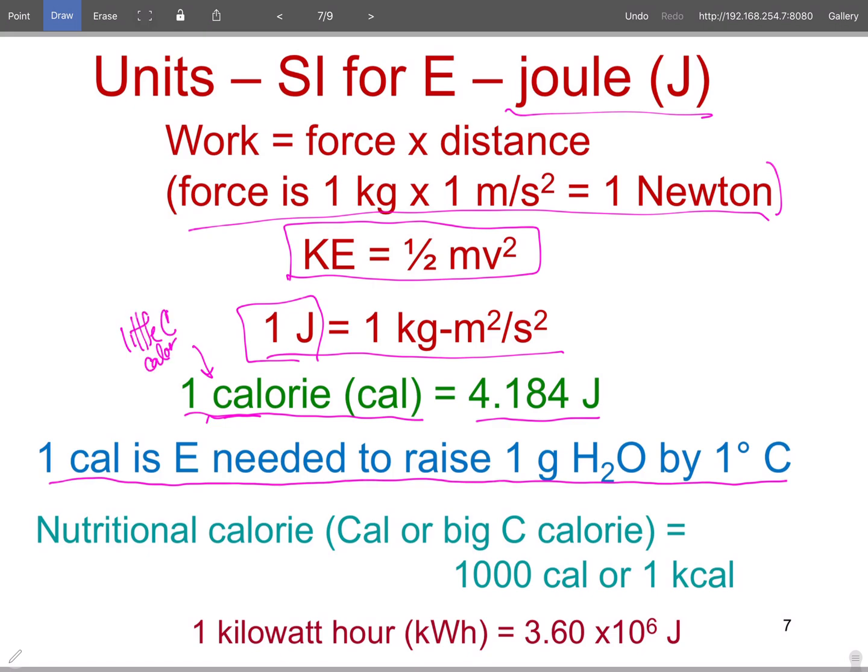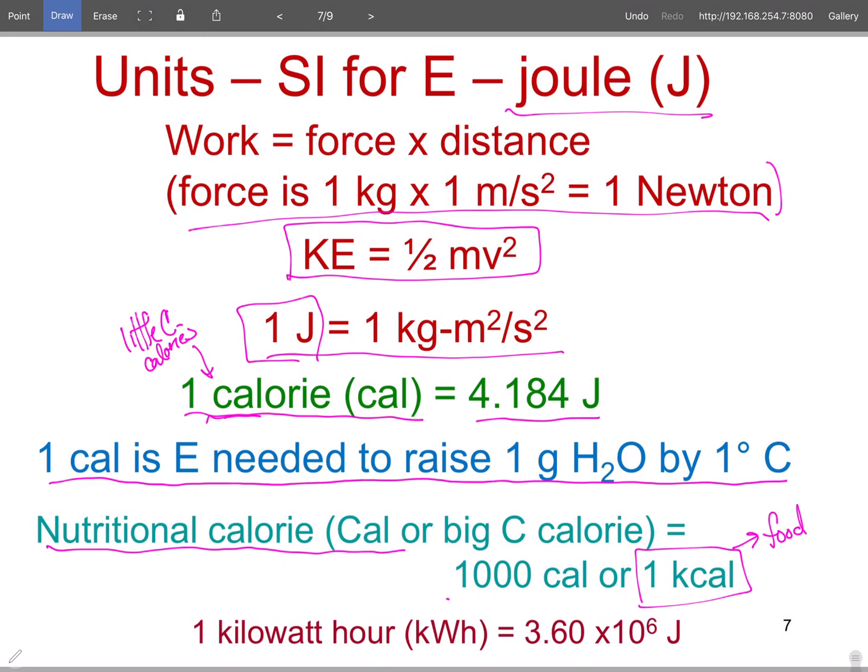And the reason why is when you look at your candy bar and it lists so many calories per candy bar, that's actually what they call a nutritional calorie, a big C calorie, which is actually a kilocalorie. This is what is in food.